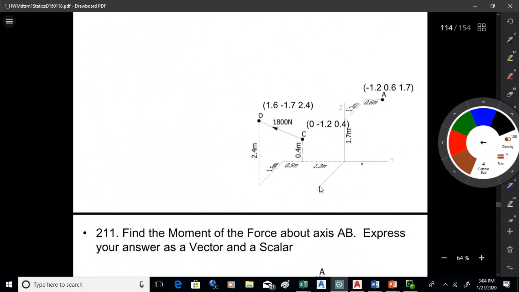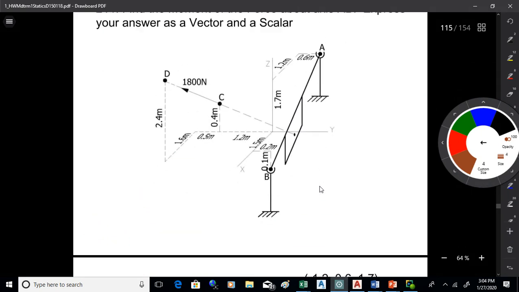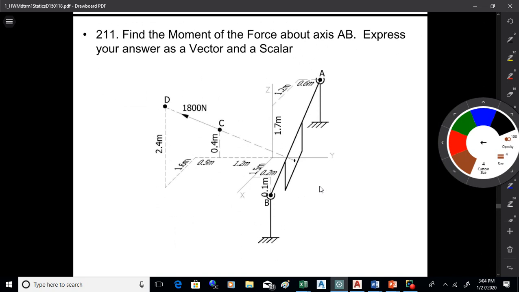Now, there is a little bit of an issue in that I've made a newer version of problem 211. If you look on the cover of the packet that you have, I put this newer version in the fall of 2019, but there were actually two different versions of the 2019 packet.